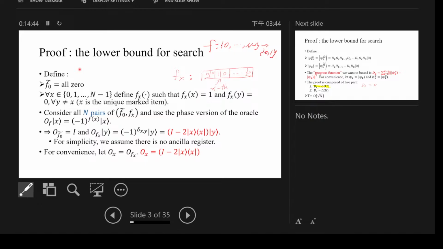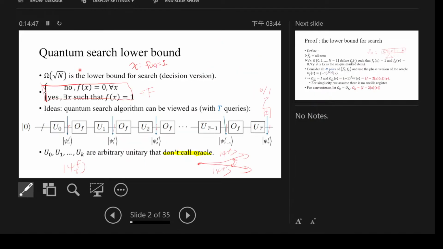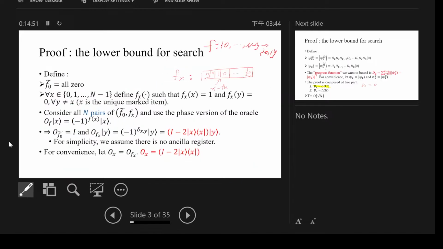Now think about all those oracle codes, we have all those O_f, and what are all those O_f? We have a really complicated notation here, but it's okay because very soon we don't need to write it. O_f0 tilde is going to be identity because we are considering the phase version of the oracle.